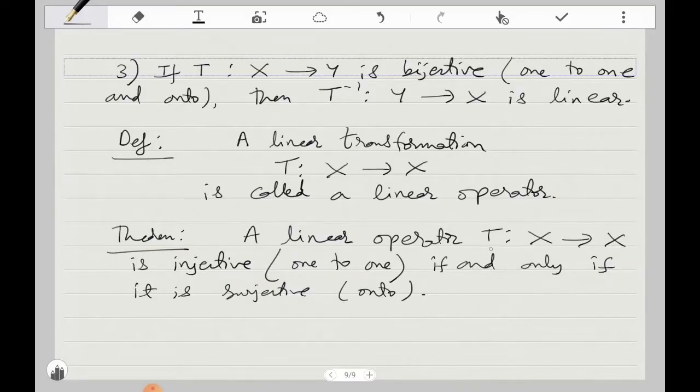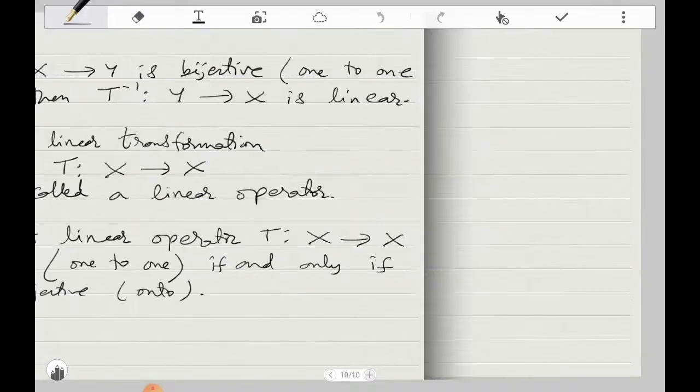So to check bijectivity of a linear operator, it's enough to check that it's either injective or surjective, which is a nice thing, because in general, the definition of bijectivity involves two conditions. Here we are saying it's enough to check one, if the domain and the target vector spaces are the same and the mapping is linear. So again, I'll skip the proof of this and then move on.